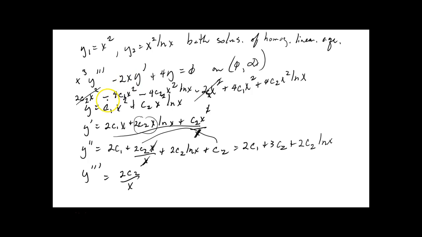Here we have a minus 4c1 x squared, and here we have a plus 4c1 x squared. Here we have a minus 4c2 x squared log x. Here we have a plus 4c2 x squared log x. Sure enough, that's equal to 0.